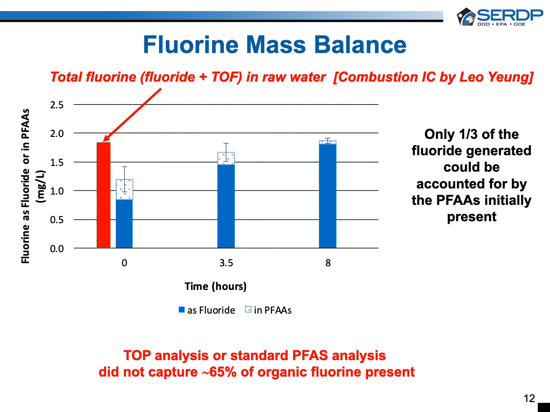This is our time zero, our initial or untreated water. Then you can see at 3.5 and 8 hours that the total number goes up. You have a couple of things happening here to cause that. You definitely see that as you remove the PFAS, that's generating fluoride, and that's why you see the shift from the open to the filled bars.